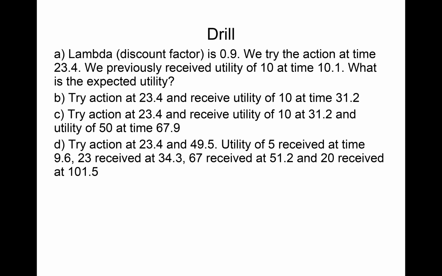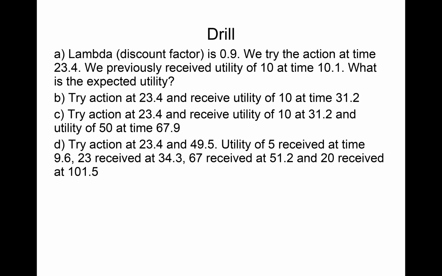And then I have to have a term for each one of these, 67. I received it at 51.2 minus 23.4, plus. The last one is 20 at a much later time, 101.5. Thank you, 101.5 minus 23.4. So that's the first term.